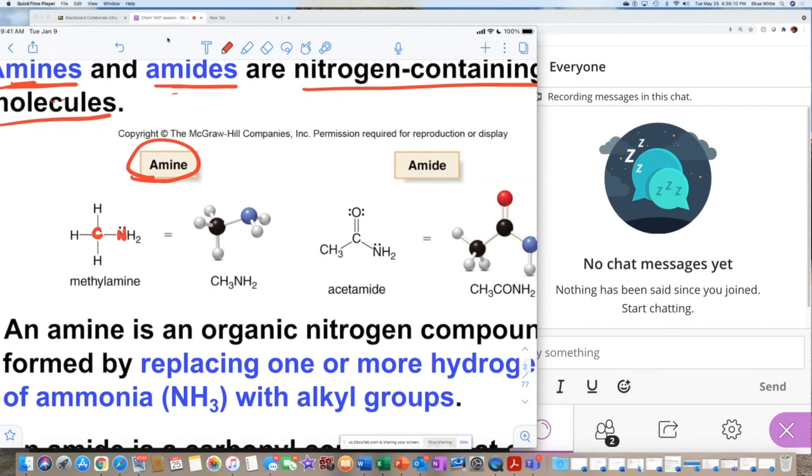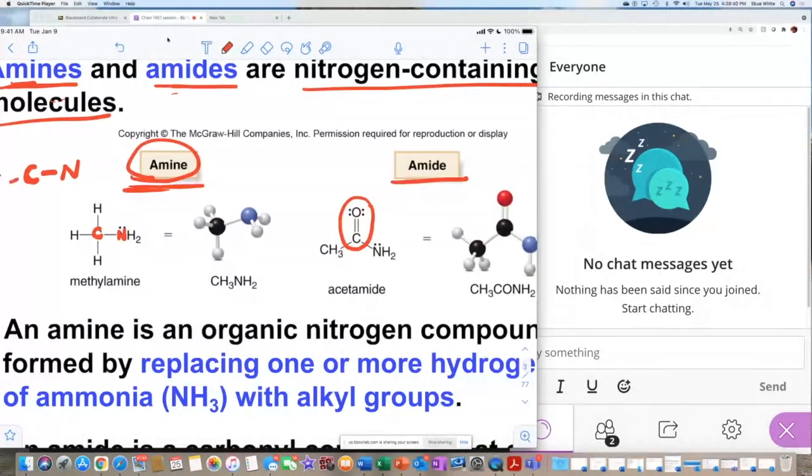Anyway, right. So we got the amine molecule, and then we have the amide. The carbon in the amide has that oxygen, making it a carbonyl carbon versus just a regular carbon, right? On the left, you have a regular carbon and nitrogen. So for amines, this is the magic combination we're looking for. A carbon directly attached to a nitrogen. Now, the carbon attached to a nitrogen can be attached to other carbons, other hydrogens.